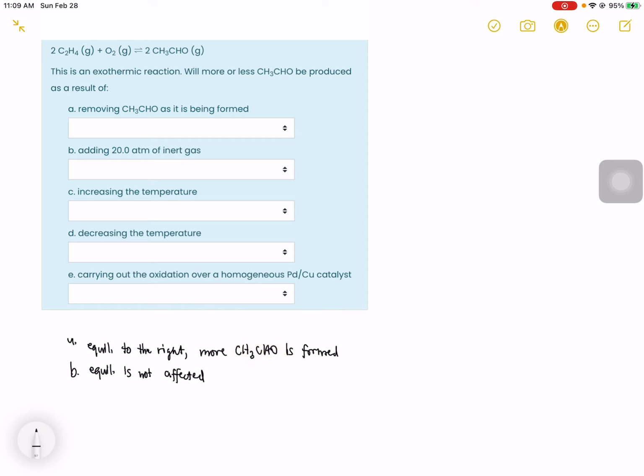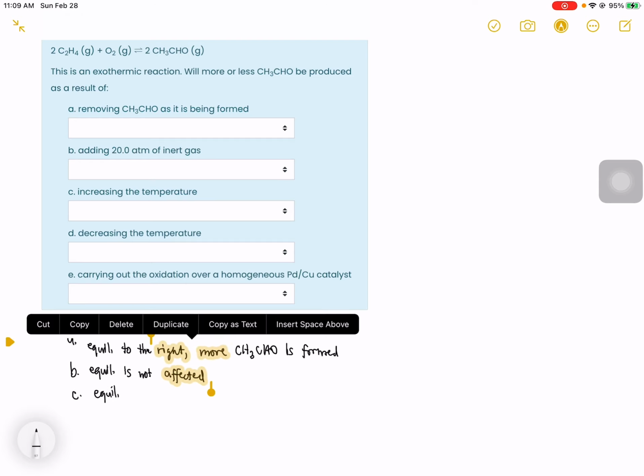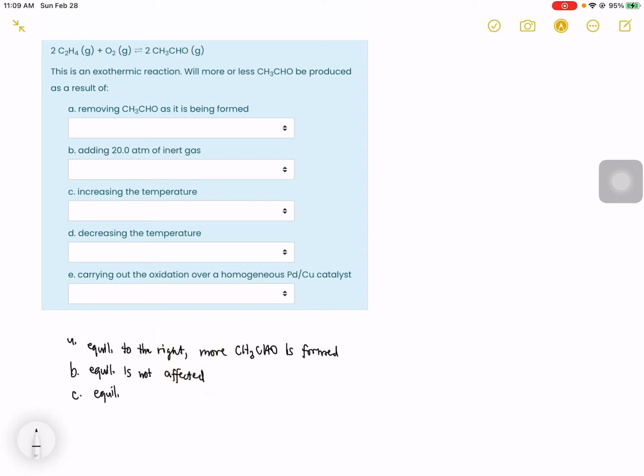Now, since the Hoechst-Wacker process is an exothermic reaction, increasing the temperature would disturb the system in such a way that the equilibrium shifts to the side where less heat is being formed.